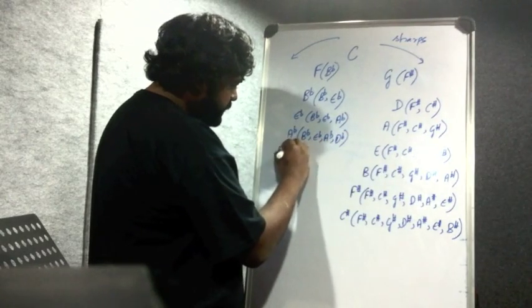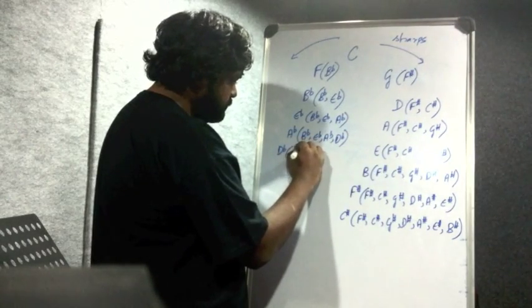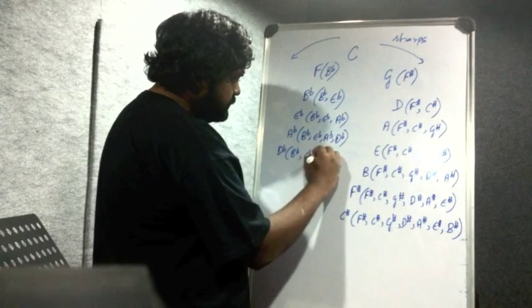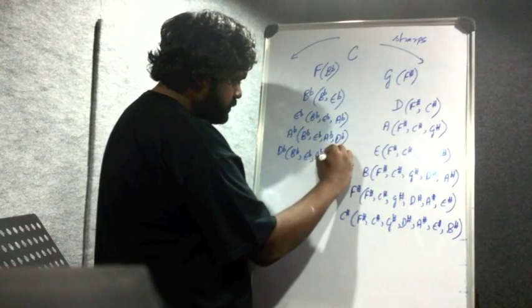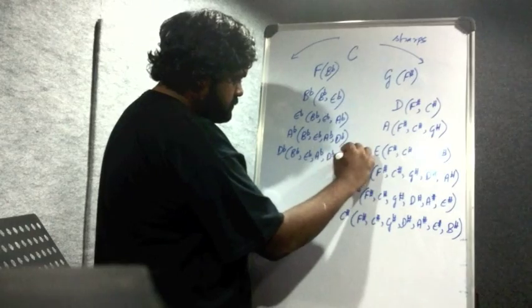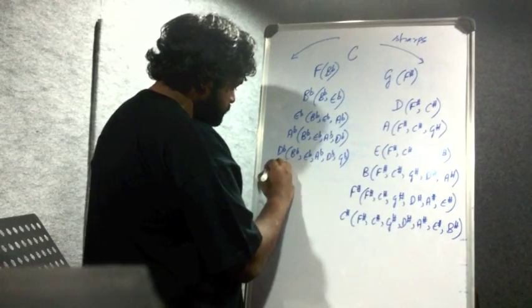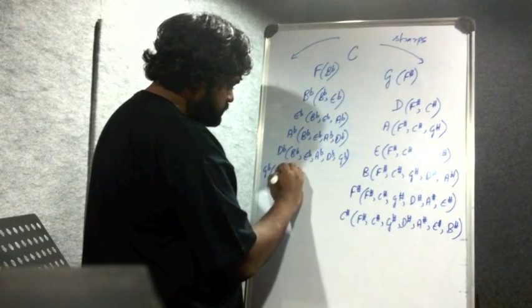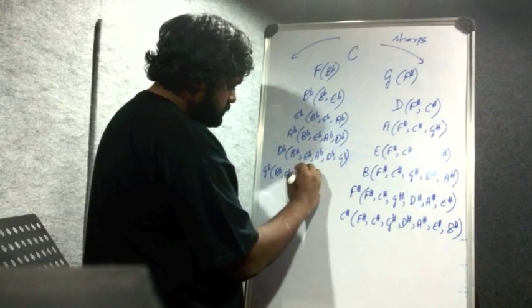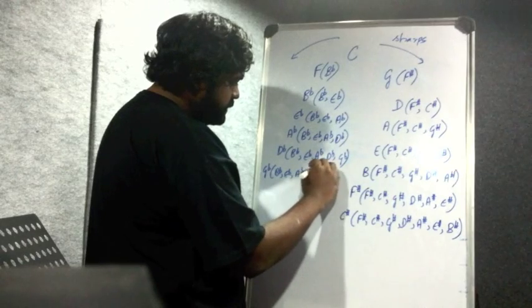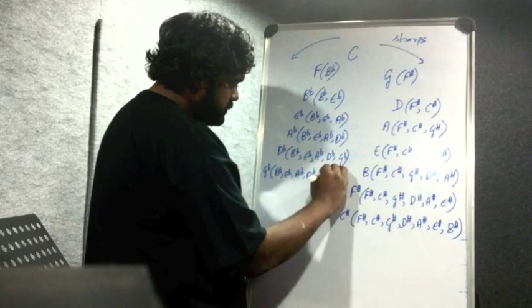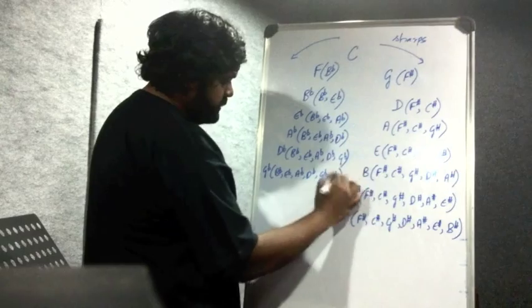And then I have D flat major, which will have all of the above plus one more, G flat. And then I have G flat major, which will have all of the above plus one more, which is C flat.